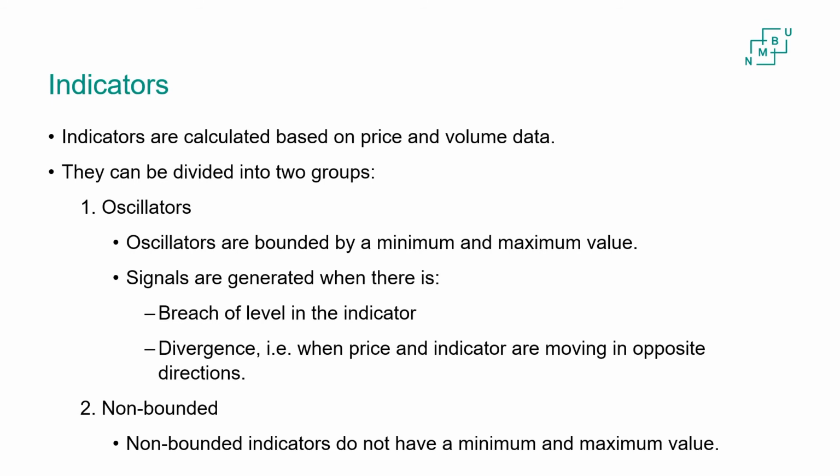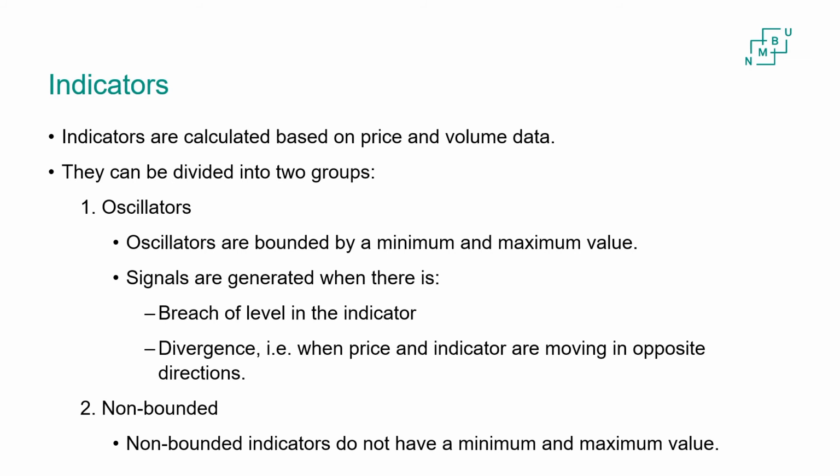The other tool in the toolbox for technical analysis would be the indicators. And these are calculated based on price and volume. And there are two kinds of indicators, the first of which are oscillators. And oscillators, they oscillate, they vary between a minimum and a maximum value.